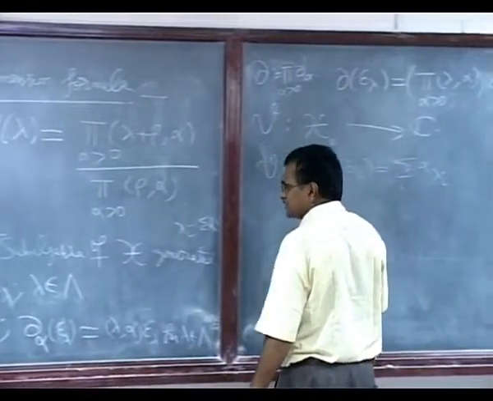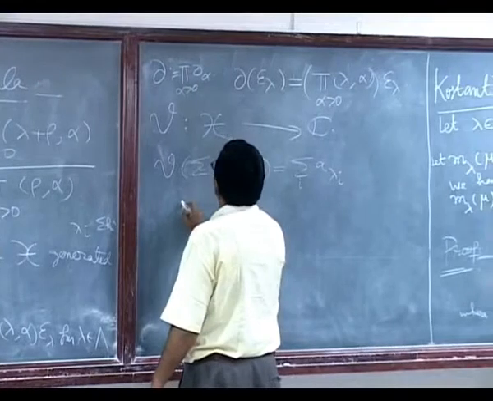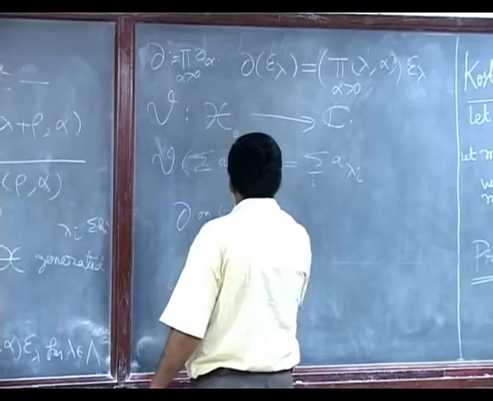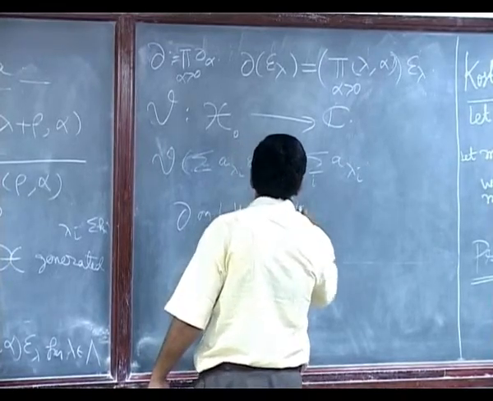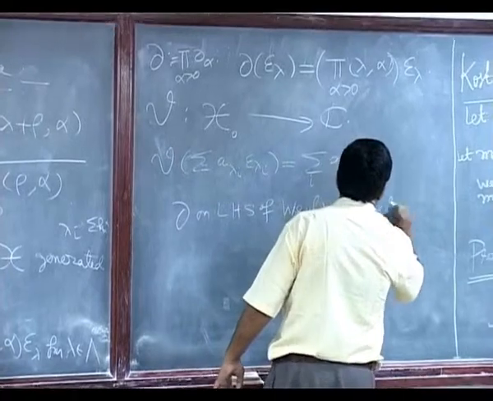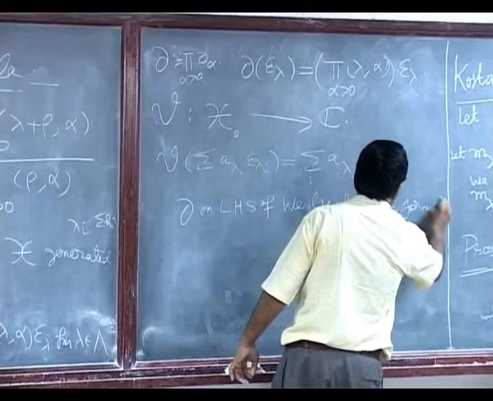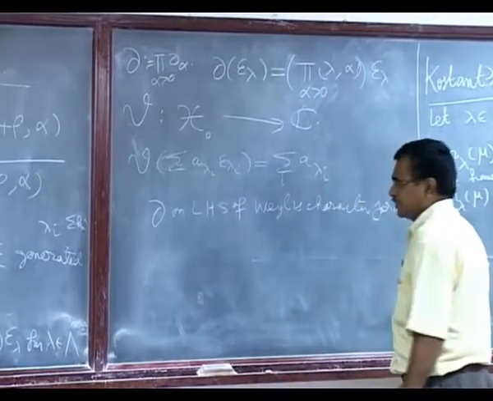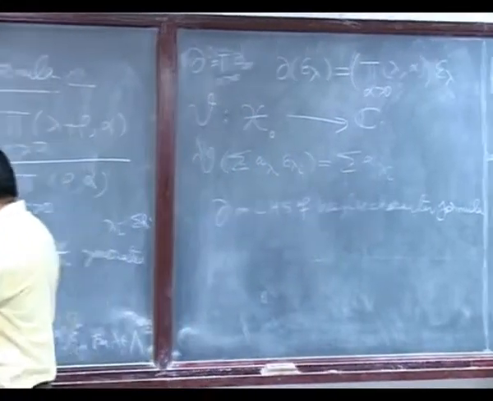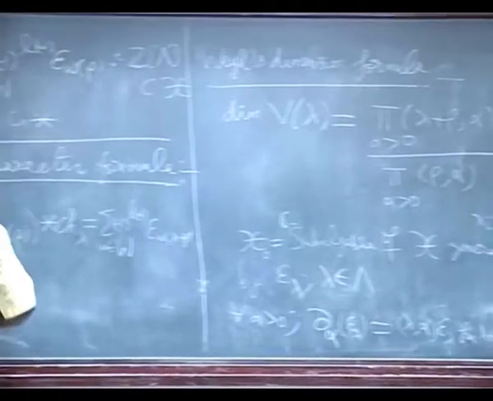So what I do is first look at this thing on the LHS of Weyl's character formula. Now see, this is the product of all del alpha, alpha running over all positive roots.